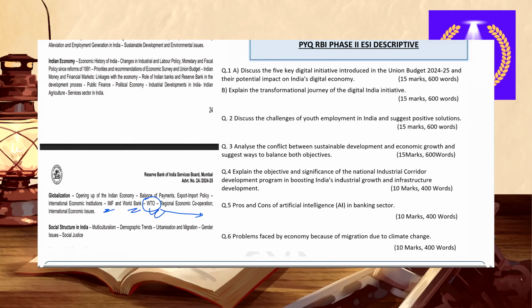They will ask you a question over there in phase 2: how can we say that WTO is in a compromising position? Then you have to quote different case studies and examples: how the US is treating it, how it is weakening day by day, how the European Union is treating it, how the Eastern and Asian countries are treating it. So these things you need to follow up, right?